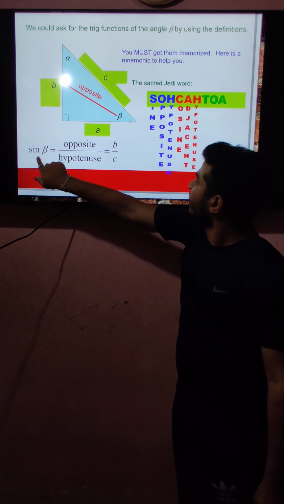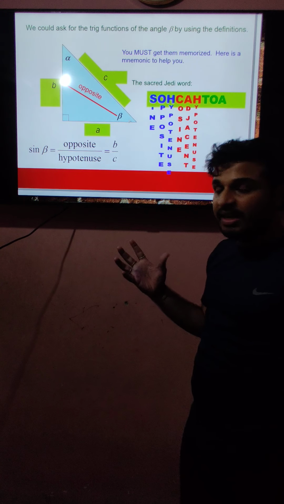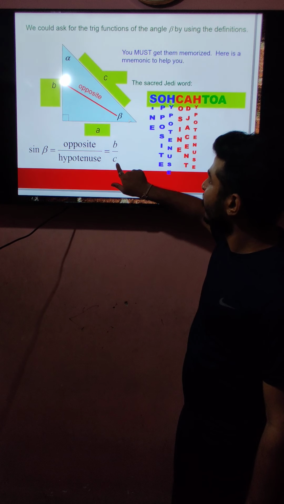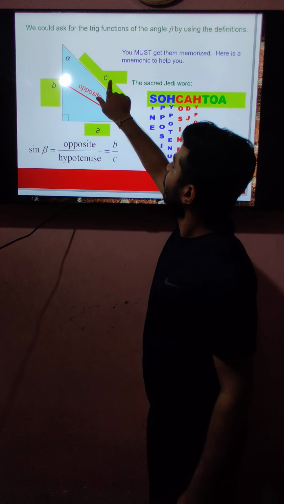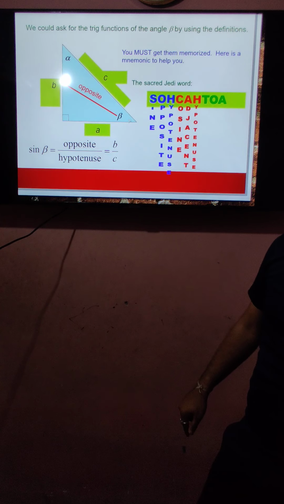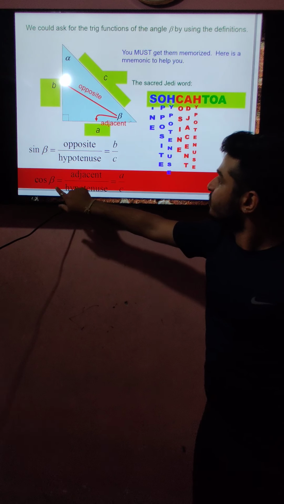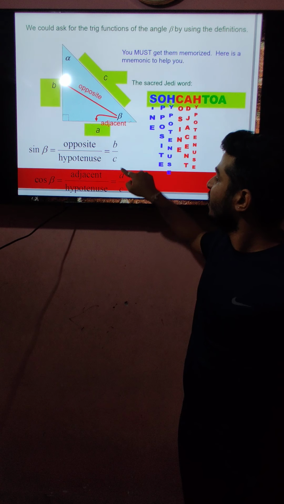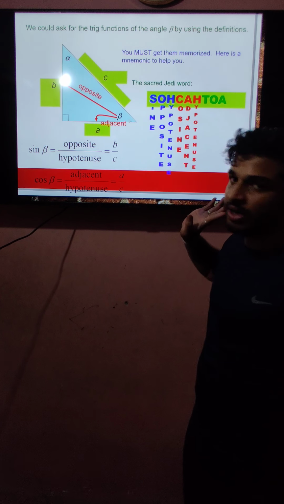See students, sine beta means opposite divided by hypotenuse, B divided by C. Cos beta is adjacent by hypotenuse, which is A divided by C. Okay students.